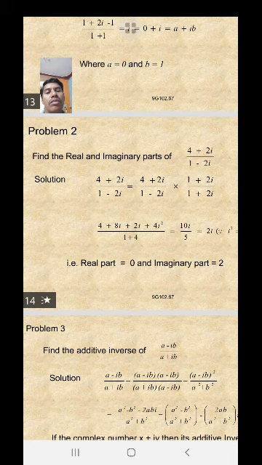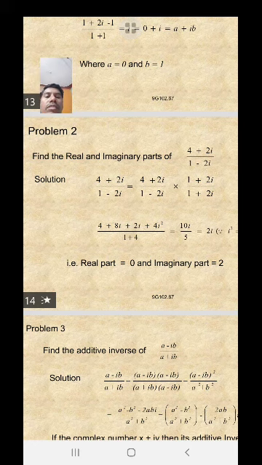So 2i into 1 is 2i, 2i into 2i is 2i whole square, that is 4i square. In the denominator, the product is in the form of (a - b)(a + b), then we can write a square minus b square. So 1 square means 1 minus b square, (2i) whole square, that is 4i square. i square means minus 1. So minus into minus plus, 1 plus 4.